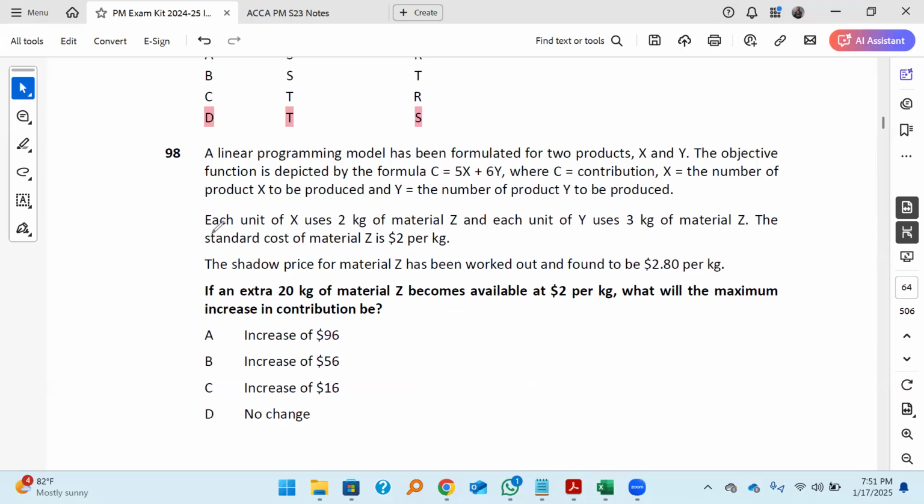So this is basically 2.8 multiplied by 20. If you do the math, that becomes 56, so it will increase by 56.